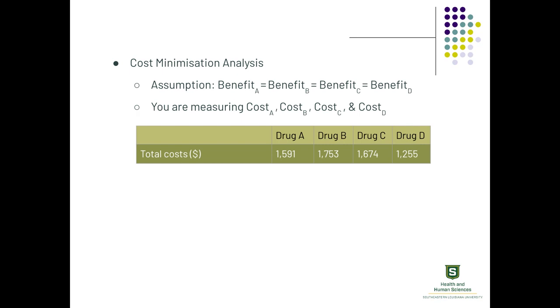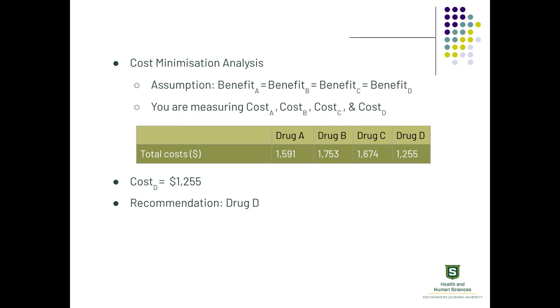Therefore, drug D is the cheapest option, and you then recommend to the management, or to whoever is making the decision, that they should keep drug D and cut off the rest of them, that this is a way to save money. So this would be an example of using an economic evaluation towards decision making.